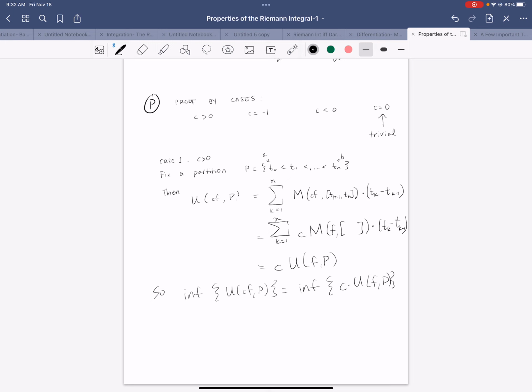And again, because C is positive, we can bring it out front, right? Which is equal to C times the infimum of the upper sums of F.